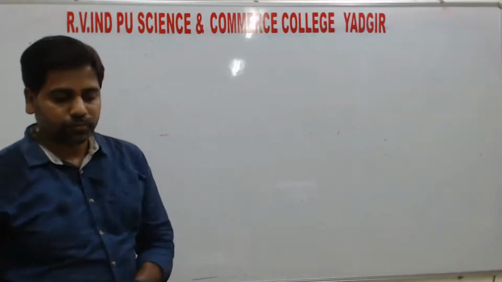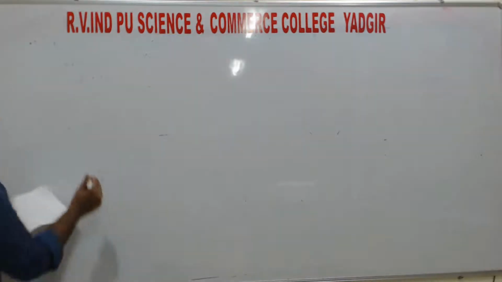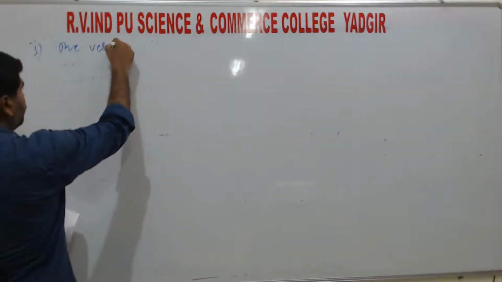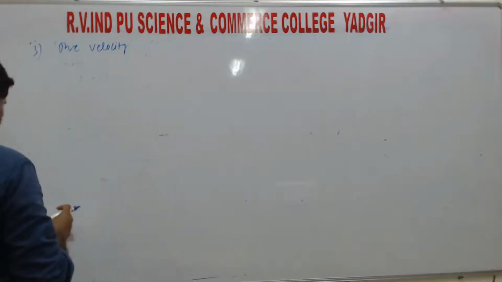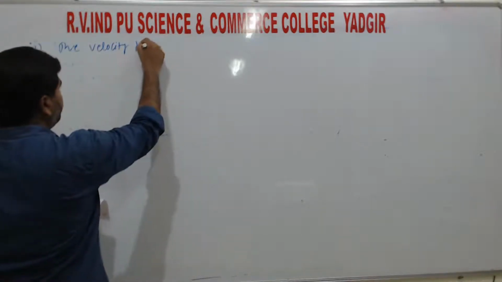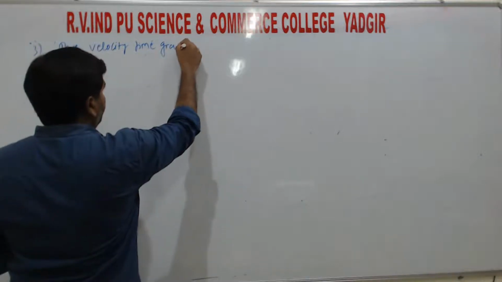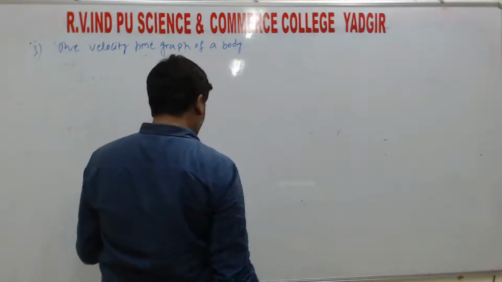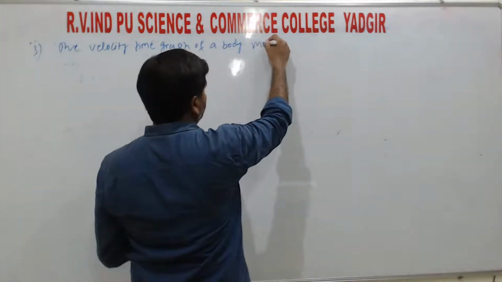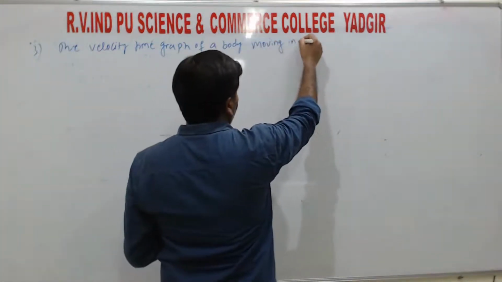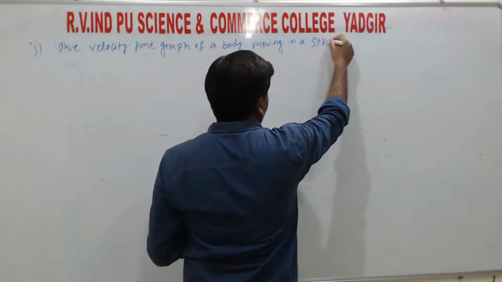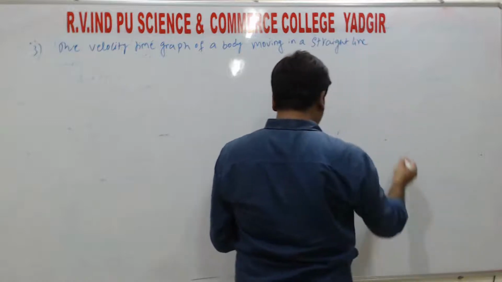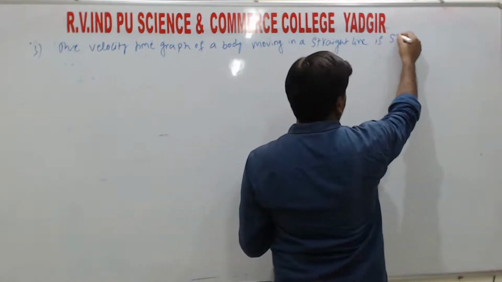Okay, so next question. The velocity time graph of a body moving in a straight line is shown in figure.